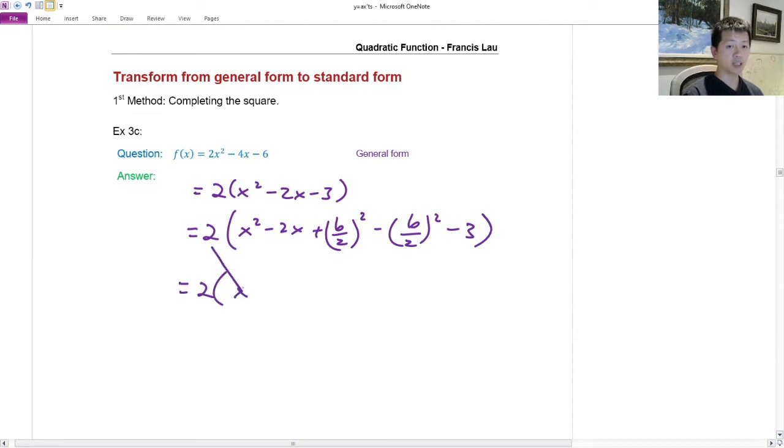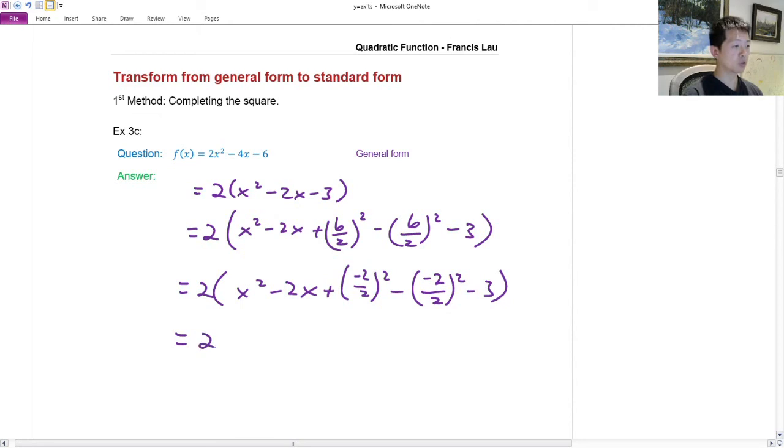I have x squared minus 2x plus minus 2 over 2 square minus minus 2 over 2 square minus 3, and this is going to become 2 times, now this is actually my first 3 terms, which is my perfect square, right? So minus 2 over 2 square is just plus 1 and then minus 1 minus 3.